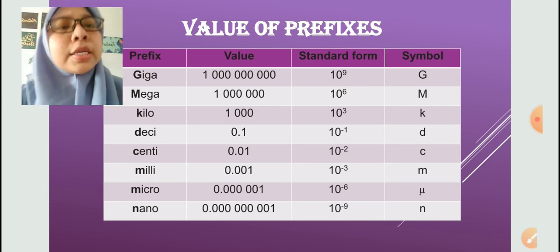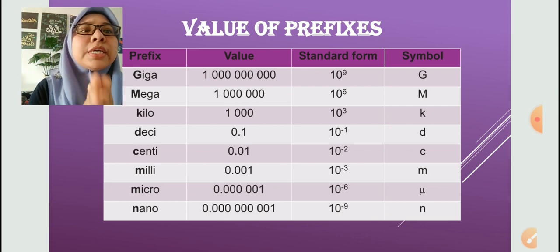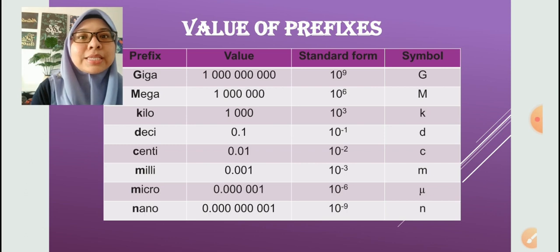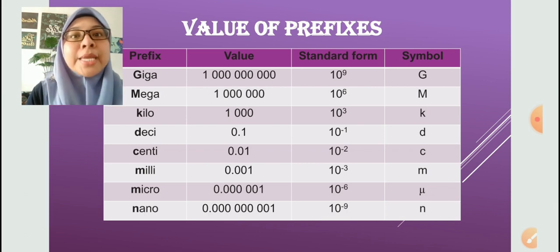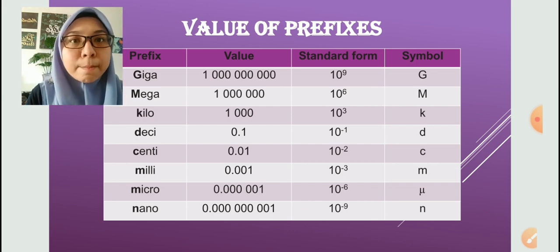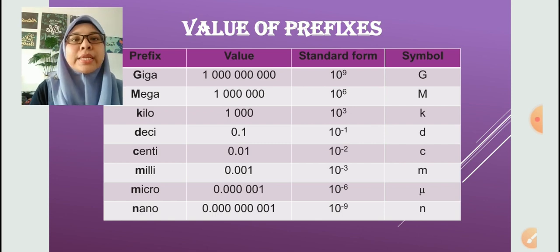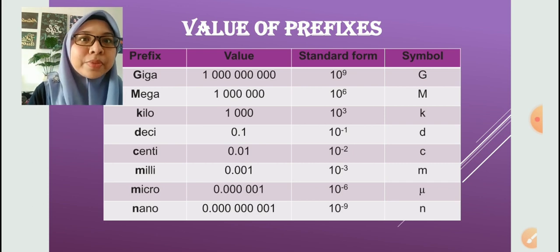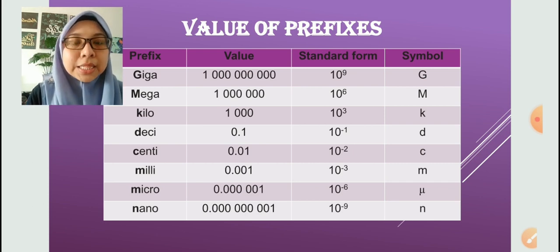By using prefixes, we just use the symbol given. 1 GB represents 1 billion bytes. 1 MB represents 1 megabyte. 1 kilometer represents 1,000 meters.